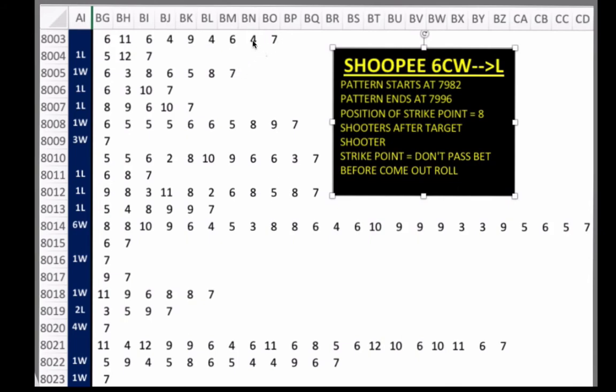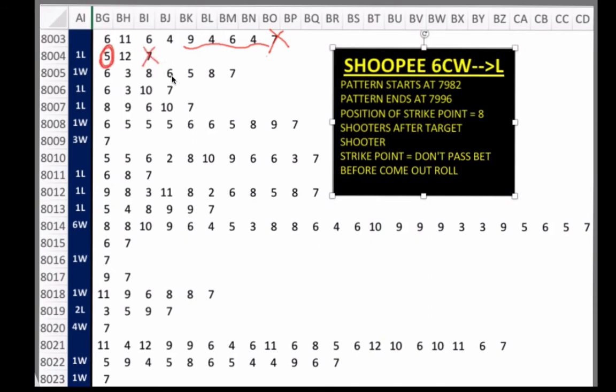So like I said, along here, that's loss number 1. That 7 was the first loss. Then the 5 resulted in loss number 2.